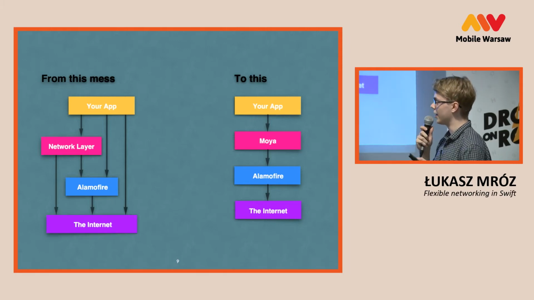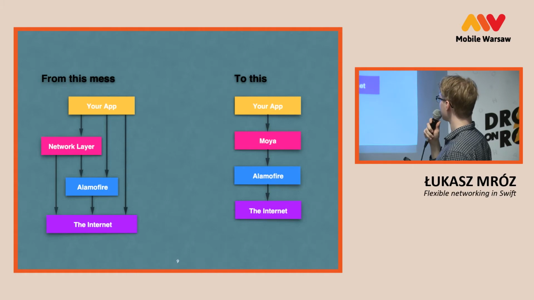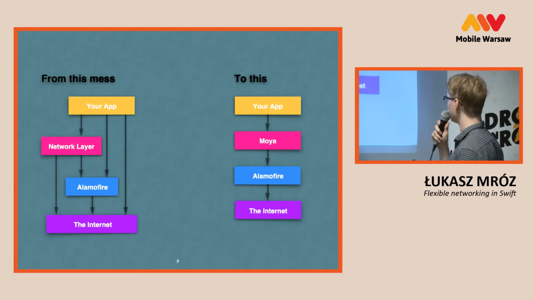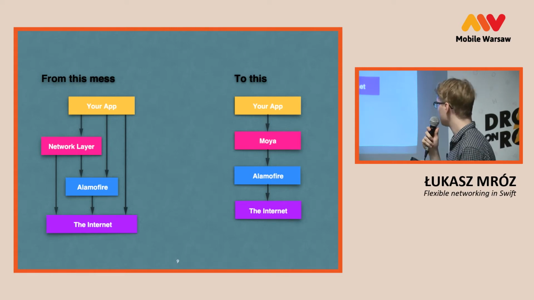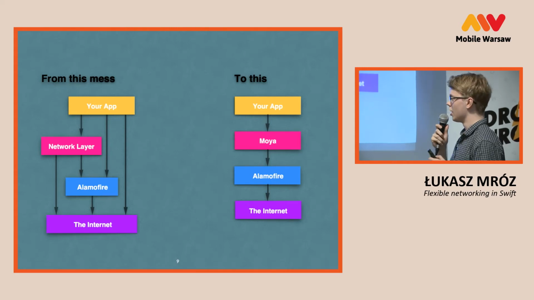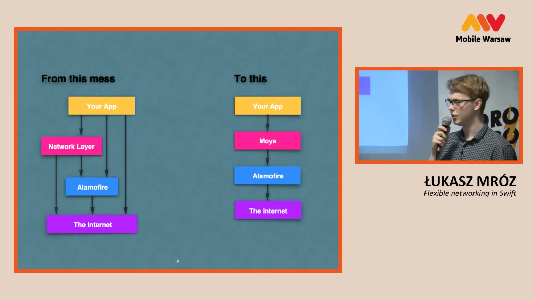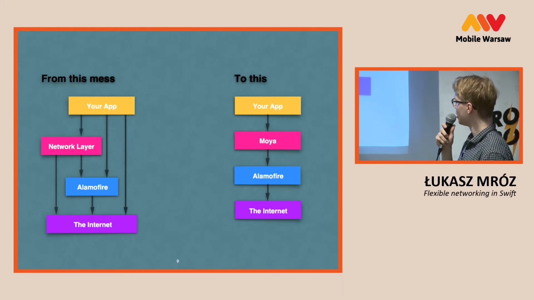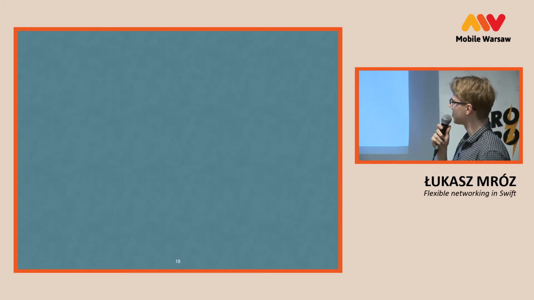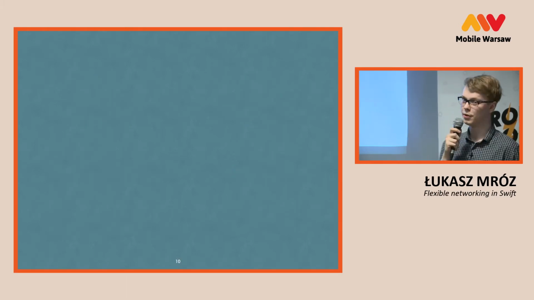Even though you have that abstraction layer, you are still allowing users to go underneath. What Moya does is encapsulate Alamofire, and you are only able to use Moya itself. Moya allows you to use only the things that you need, and you don't have access to Alamofire itself. This is just the first big feature from Moya.